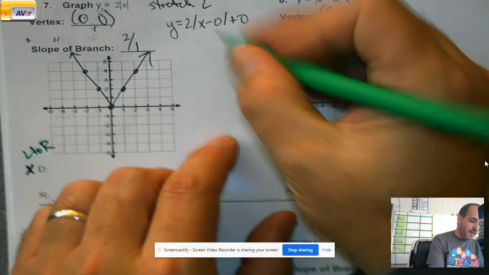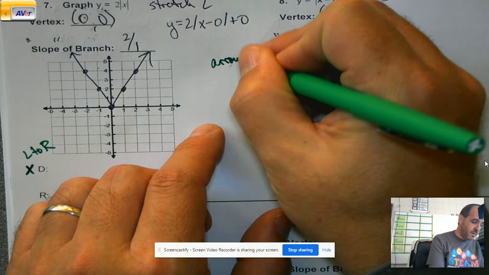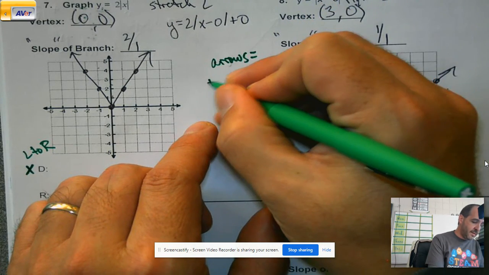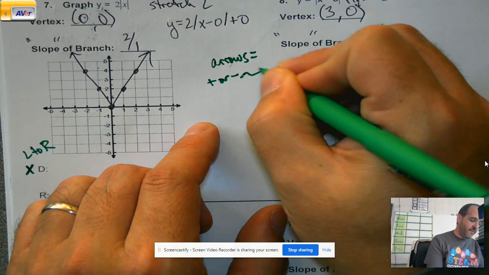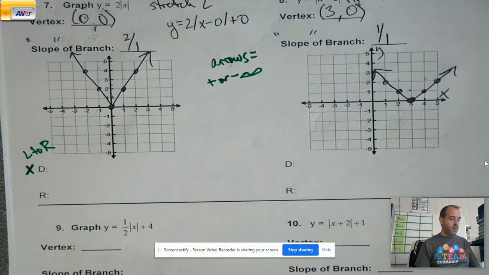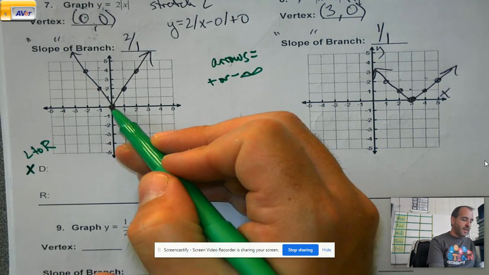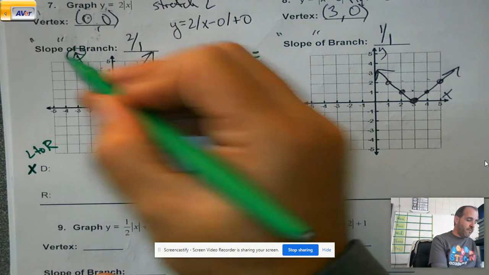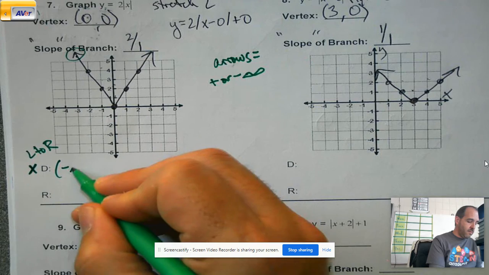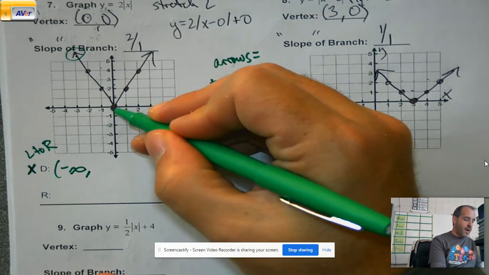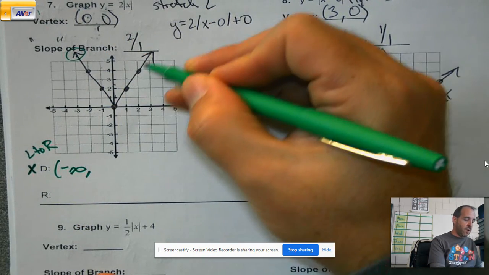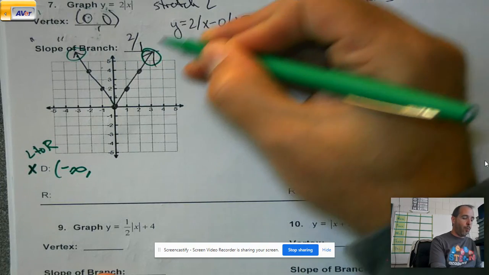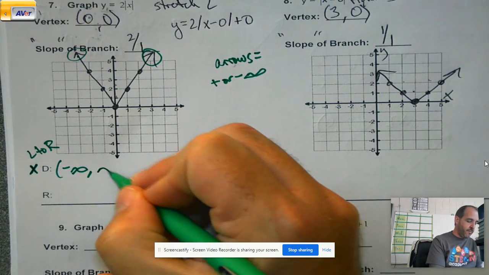Arrows equal positive or negative infinity. So when I'm looking at x, I'm like, okay, furthest to the left. Oh, look at that, left. Forever left. Okay, what about right? Oh, keep going. Oh, here we keep going. More arrows. Forever to the right.